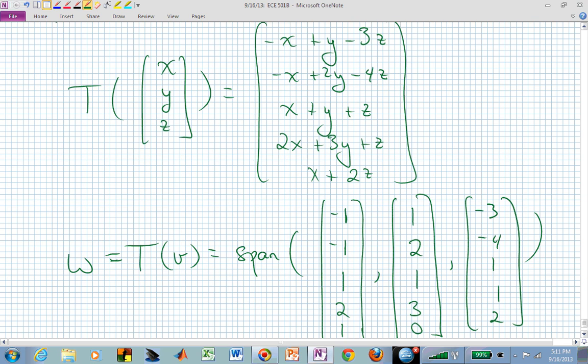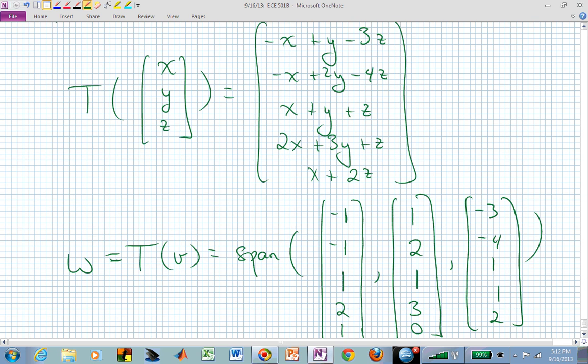So for arbitrary x, y, and z, we could then say x times this plus y times this plus z times this is where we can get to in our codomain space in W. For any combination of x, y, and z, the only places we can get to would be the span of these three vectors. And what do we know about spanning sets or the span of vectors?